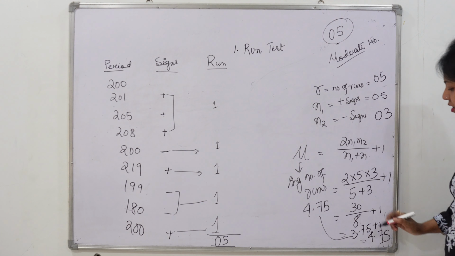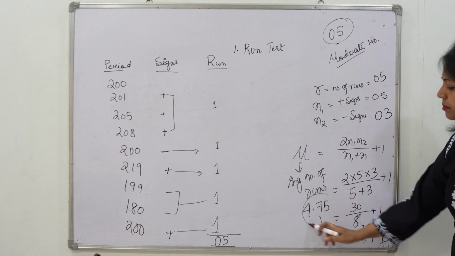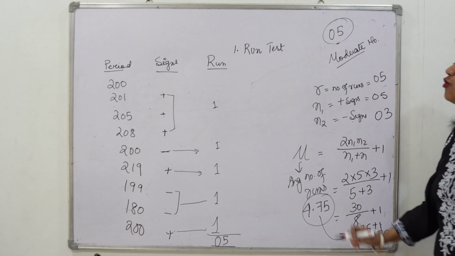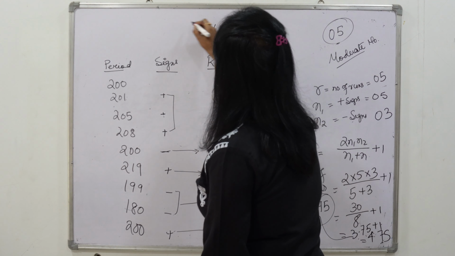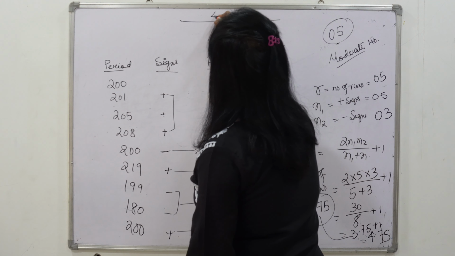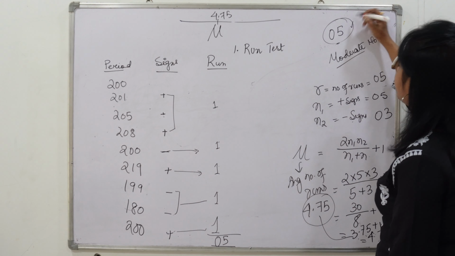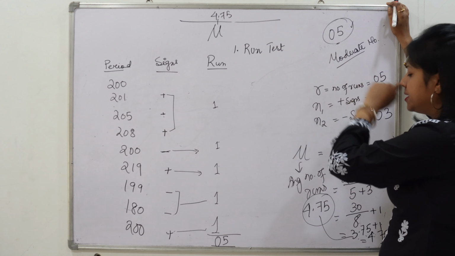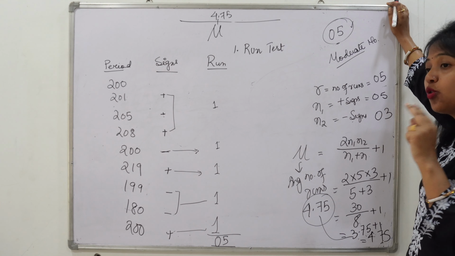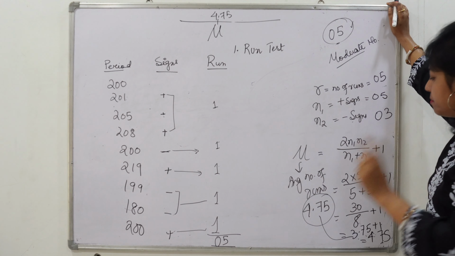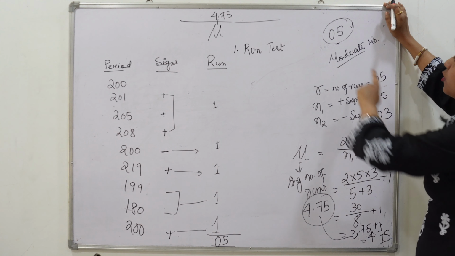So I have calculated, you can see, 30 divided by 8 is 3.75, plus 1, so ultimately my average number of runs is 4.75. I know that my average number of runs is 4.75 and my actual number of runs is 5. So that means there is some difference. If I have to call the market efficient, I must have a moderate number of runs, that is 4.75, but I got 5.